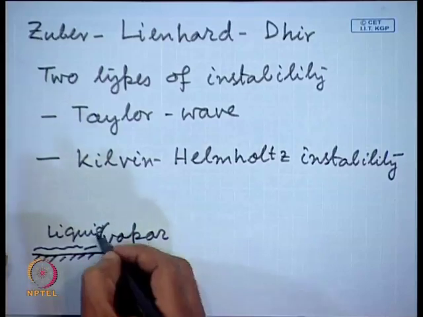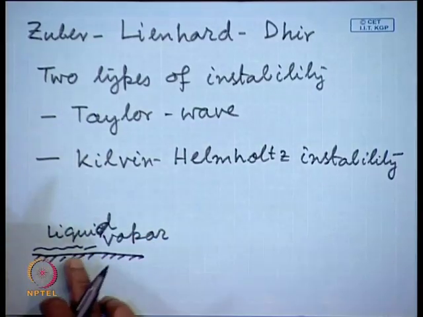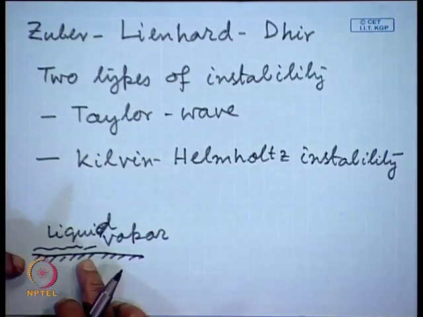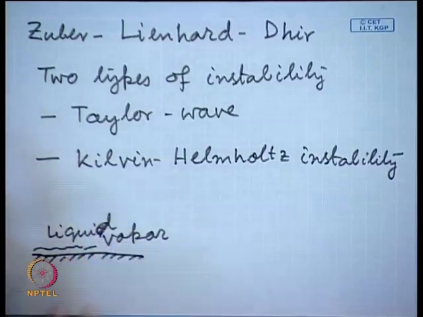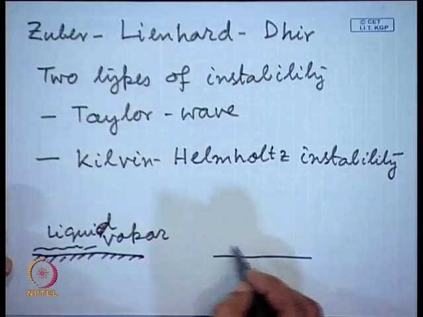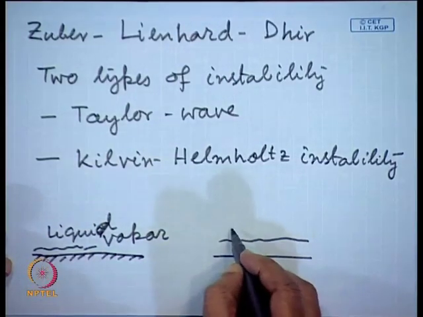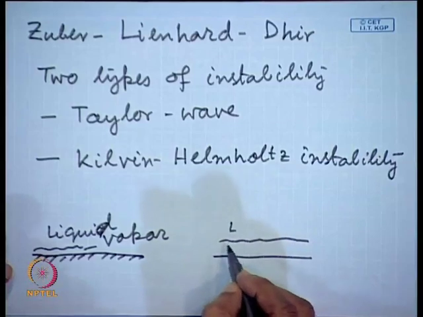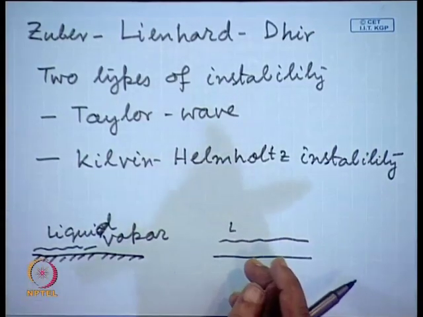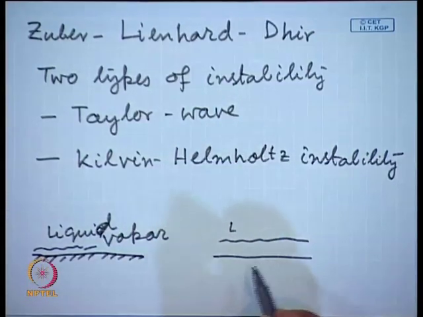So, we are having a lighter fluid below and a heavier liquid at the top. So, obviously, it is an unstable situation. Okay. Unstable situation means what we will get? Suppose we have got some sort of a vapor layer and some sort of a liquid. So, obviously, we will not get a smooth surface, we will get an undulated surface.